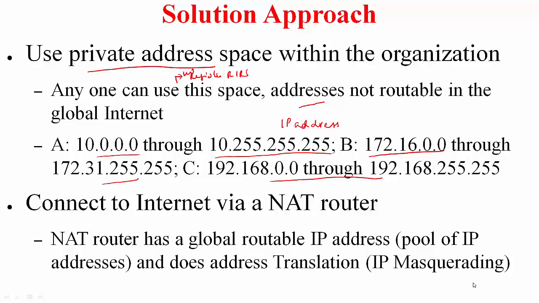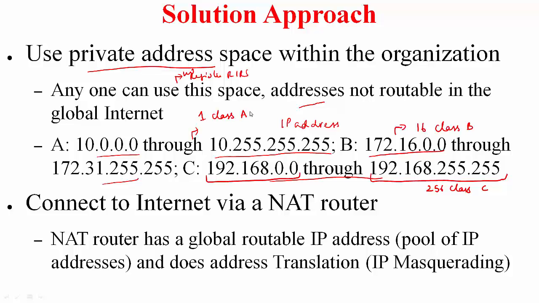In Class C, if the IP addresses are ranging from this to this, how many Class C addresses are there? So this corresponds to 256 Class C addresses, and this corresponds to 16 Class B addresses, and this corresponds to a single Class A address.